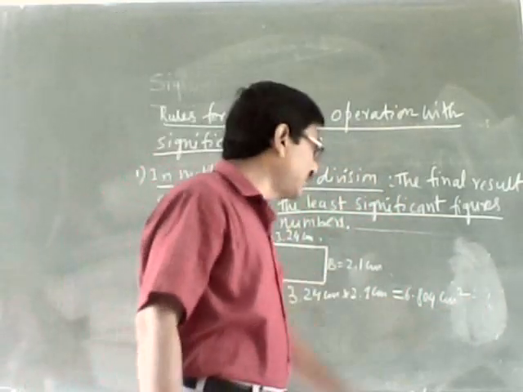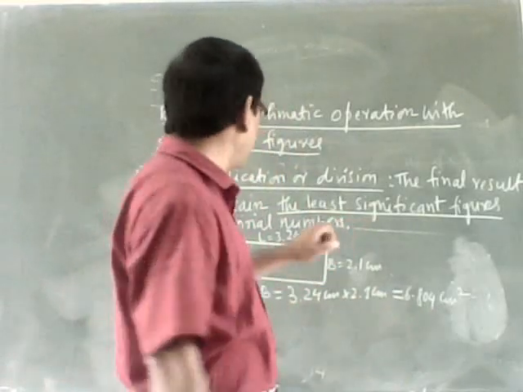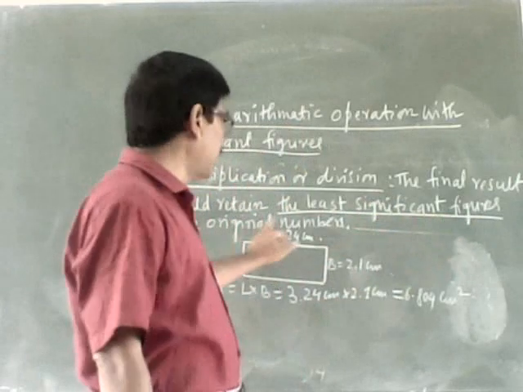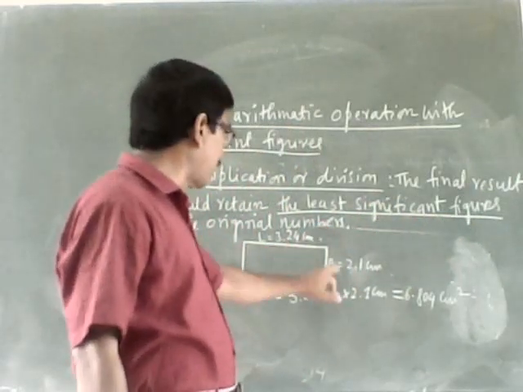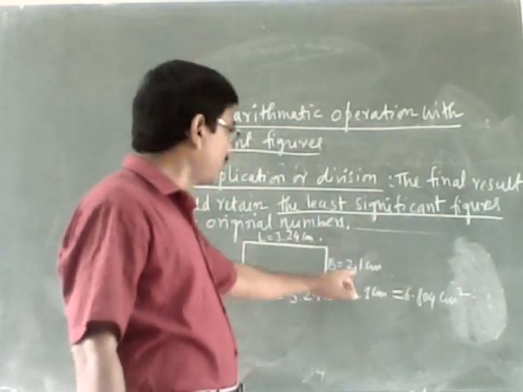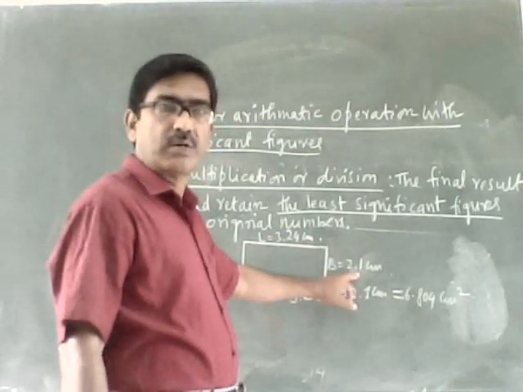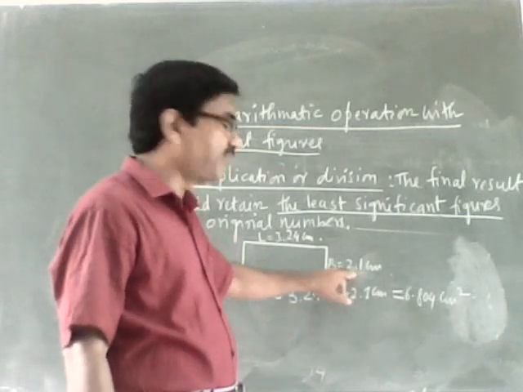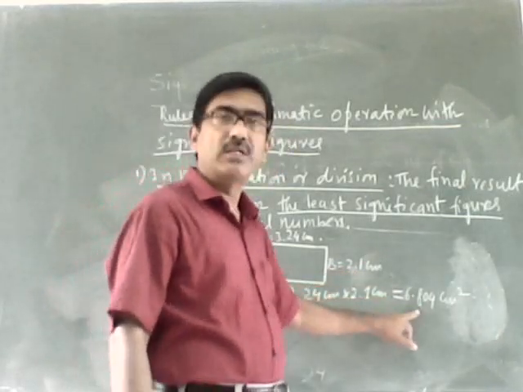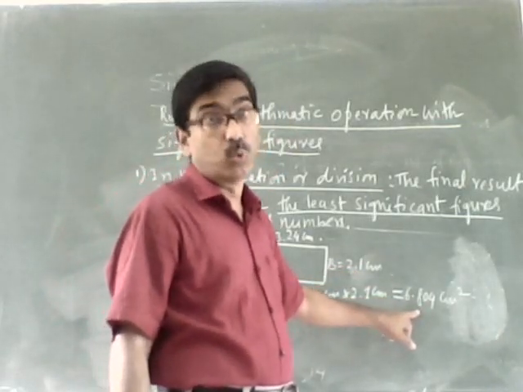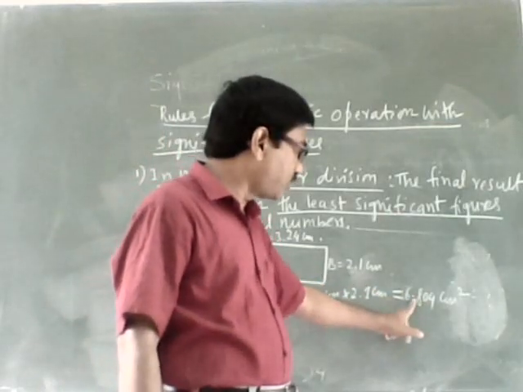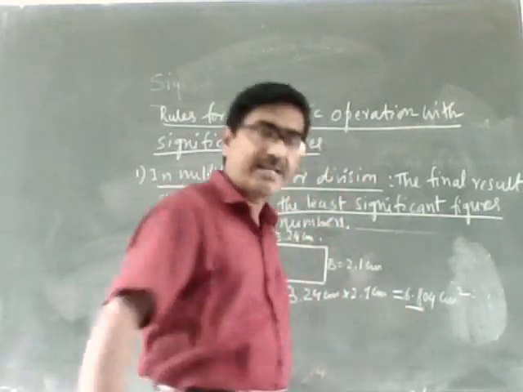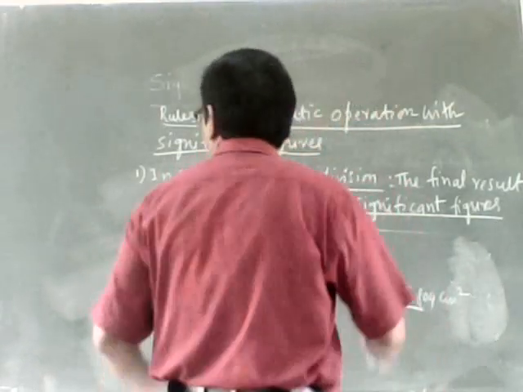But this is not the final result. The final result should retain the least significant figures of the original numbers. These two are the original numbers, and the one with the least significant figures is 2.1, which has 2 significant figures. So the final result also has 2 significant figures: 6.8.